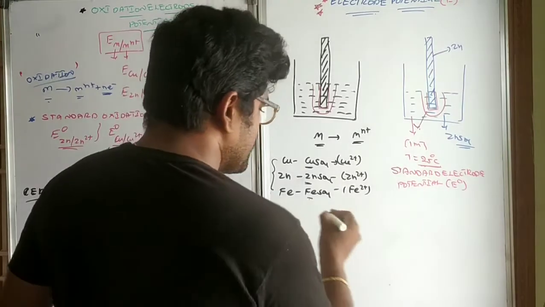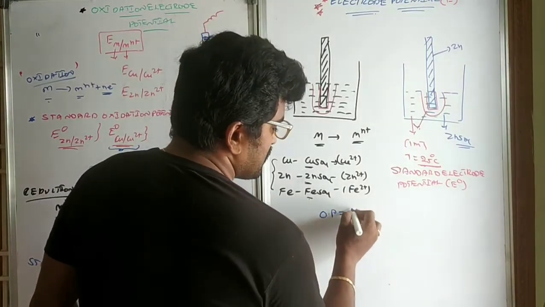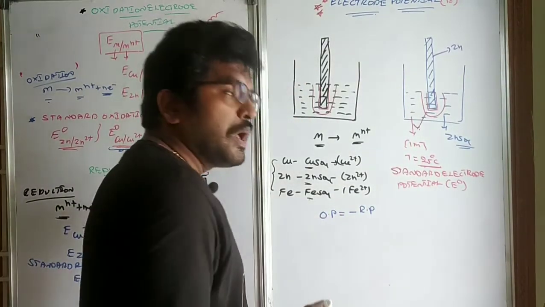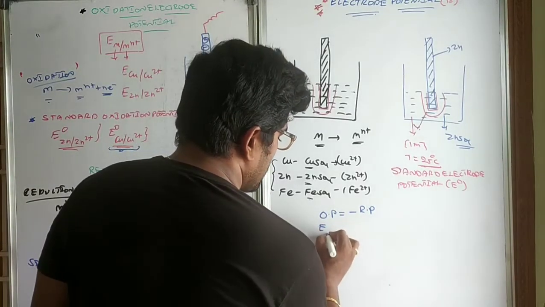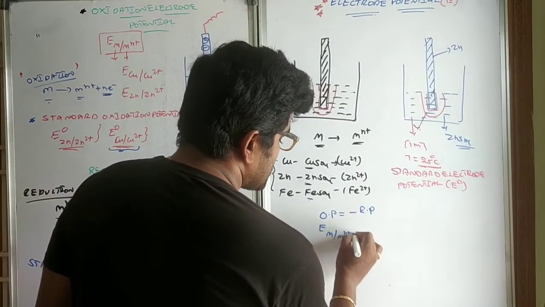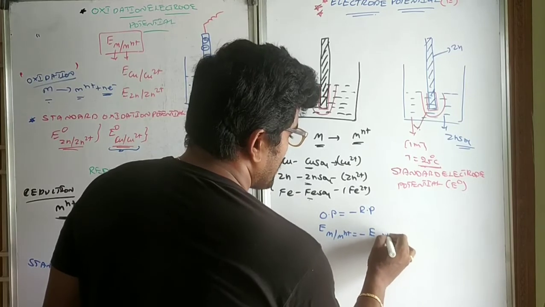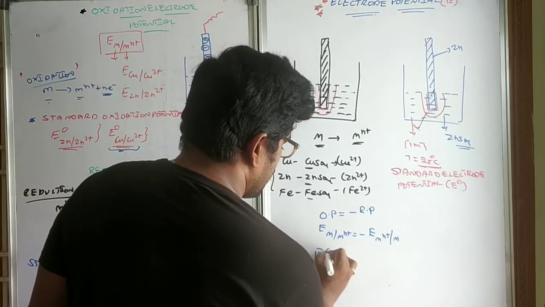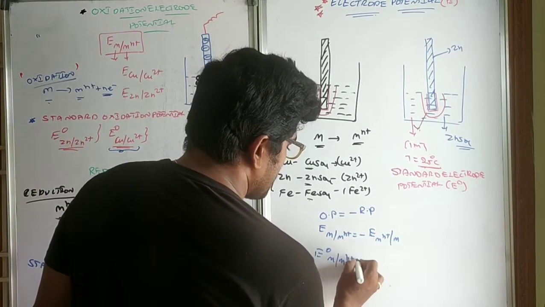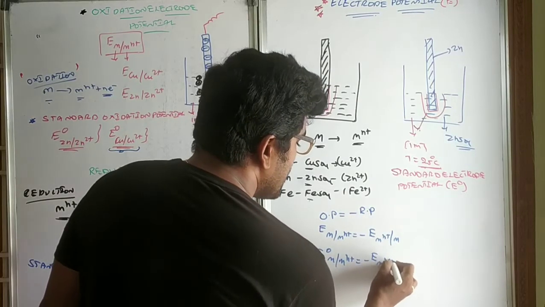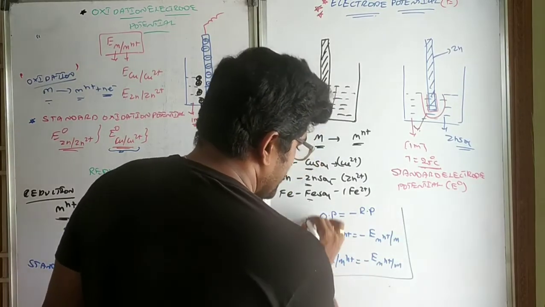Always remember, oxidation potential is equal to minus reduction potential, or E(M/Mn+) is equal to minus E(Mn+/M), or E0(M/Mn+) is equal to minus E0(Mn+/M).